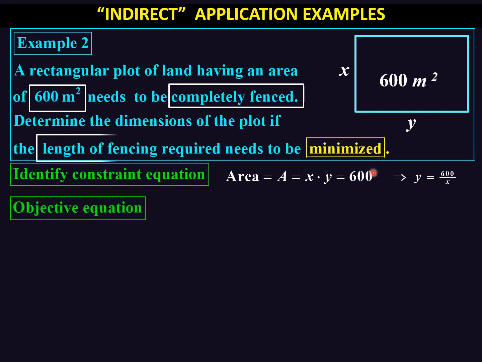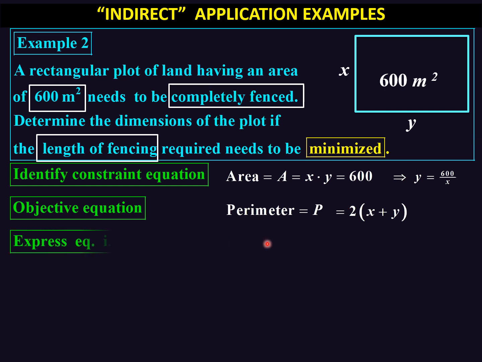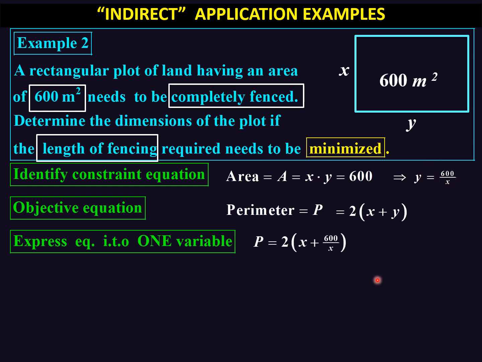And what is that perimeter? Perimeter there would be x plus y plus x plus y, which in this case would be 2x plus 2y. We have two unknowns. And remember, we always need to have one variable. So we have the y, so we can substitute the y. So we only work with x. We can expand that, and there we have 2x, and 2 times 600 is 1200.